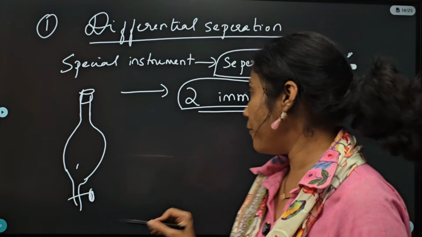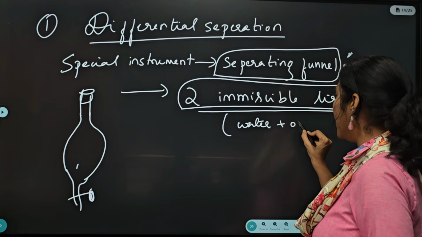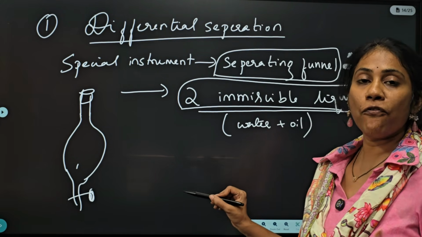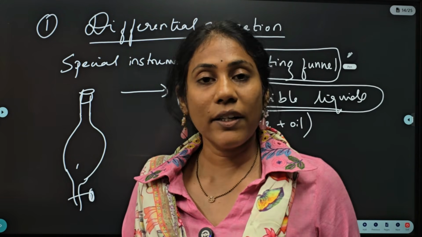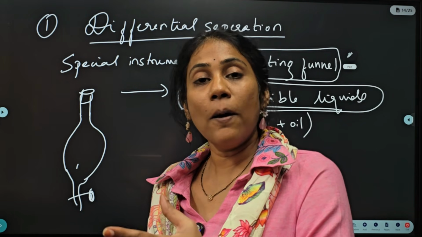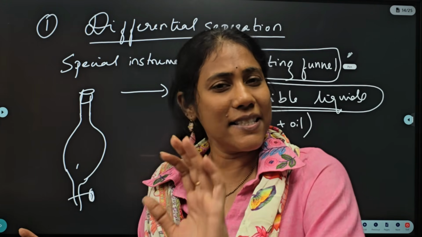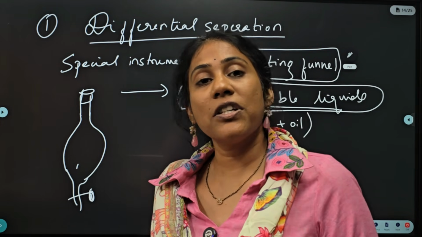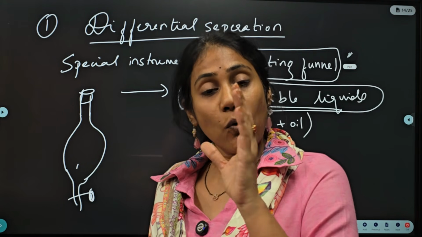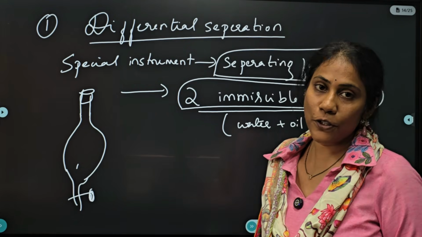For example, a combination of water and oil. They are immiscible liquids, where one component is not mixed with another, and both separate as different layers. Such mixtures are called immiscible mixtures. If you want to separate one component from another in those kinds of mixtures, this technique is used.